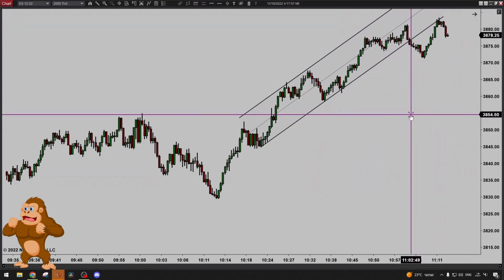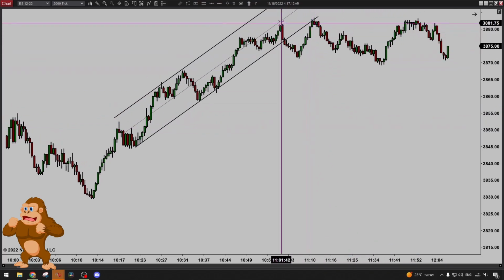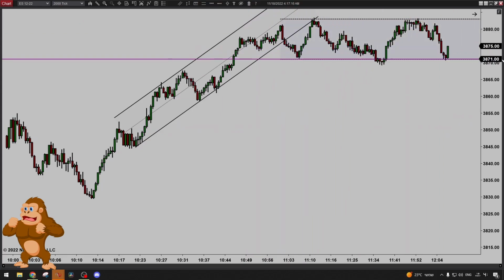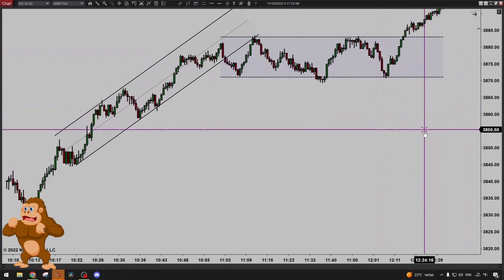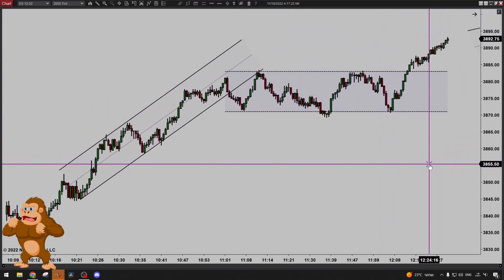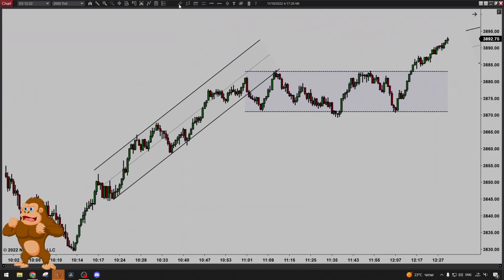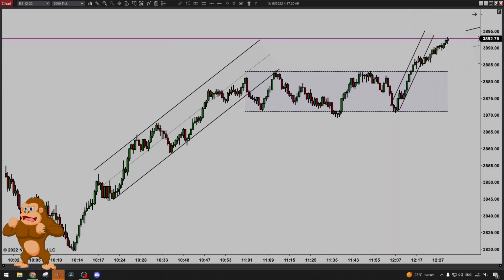Break, expecting new high. New high. Ranging. And you have this channel. Consider your most recent one.